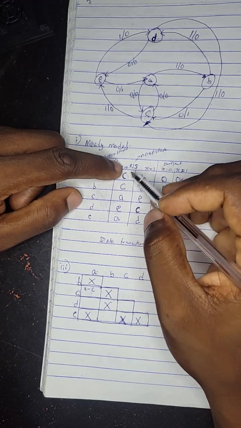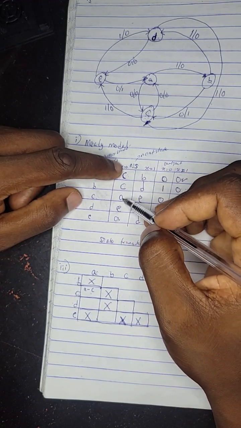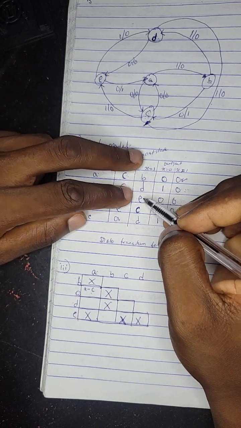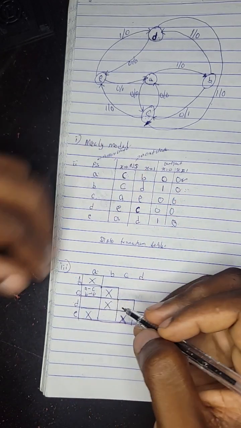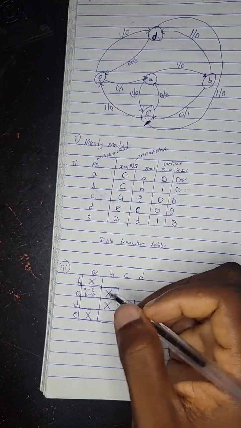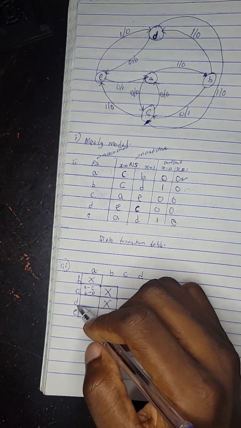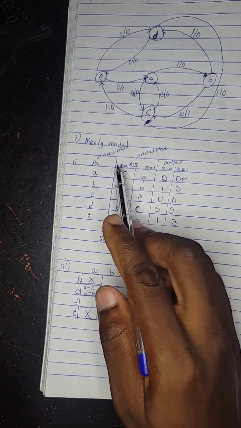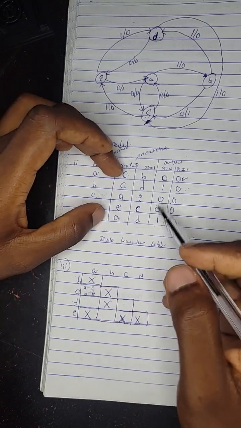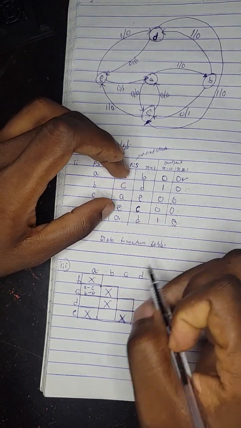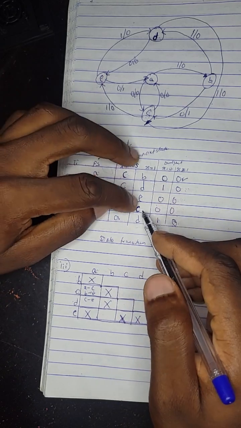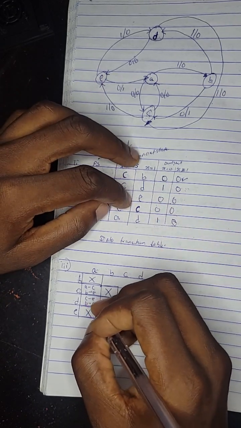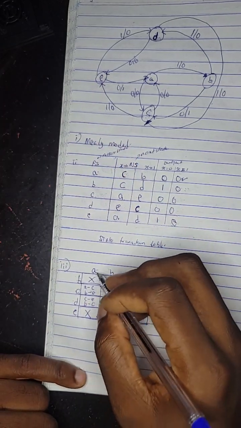So you can say these two states are going to be equivalent if A is equal to C and if B is equal to E, and similarly AD, where is AD? This is AD. AD will be equivalent if C is equal to E, and B equals C. So that's for this row.